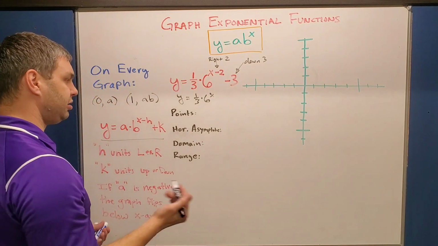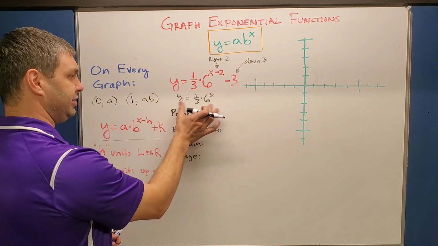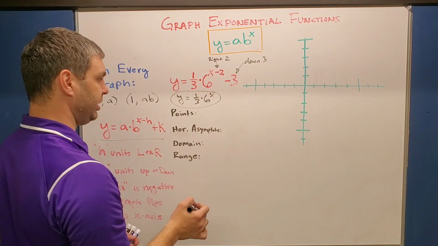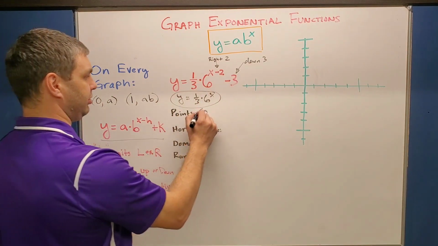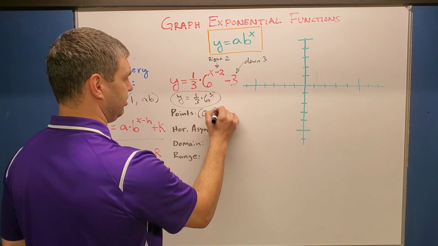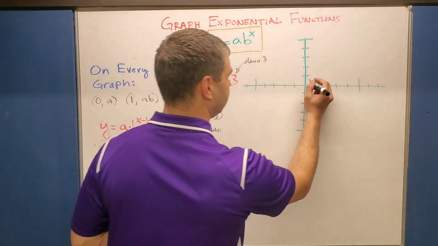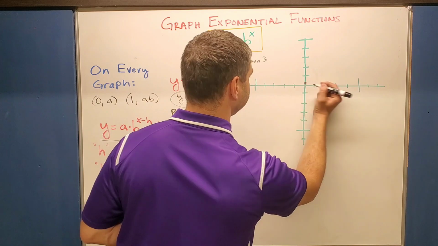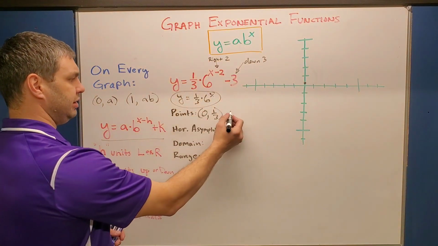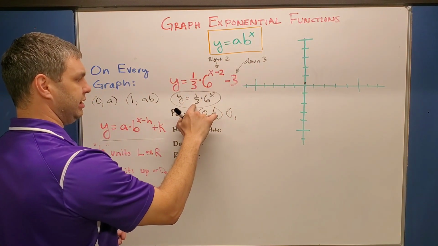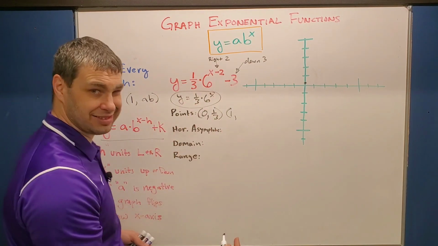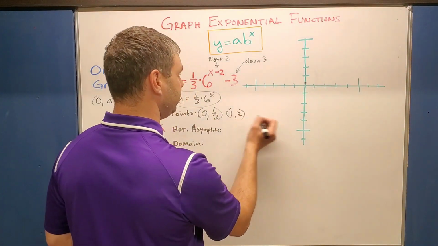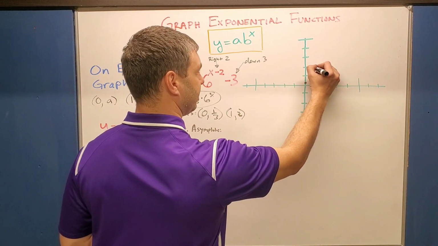So let's do this. Again, I'm going to come up with these points based off of this original one. We always need 0, comma a, so 0, comma 1/3. On our graph, 0, 1/3 would be about there. And then the other one is going to be 1, comma, a times b. Well, 1/3 of 6 is 2. So 1, 2. 1, 2 is here on our graph.